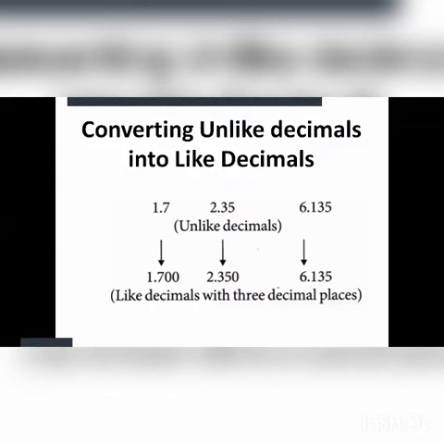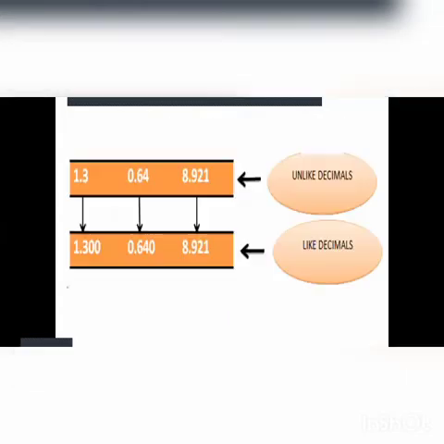For example, 1.7, 2.35 and 6.135 are all unlike decimals. When we convert it into like decimals, it will be 1.700, 2.350, 6.135. These all are like decimals with 3 decimal places.